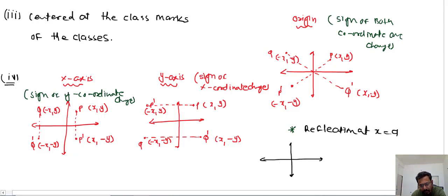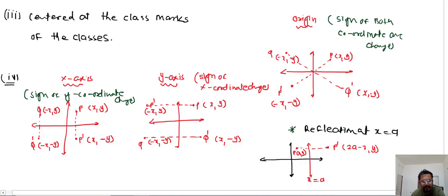Suppose you have one point here, and that's P(x, y). You are reflecting this point and it becomes P dash. Now the coordinates of P dash are 2a minus x, y. Here the x coordinate is going to change. It's 2a minus x, y.